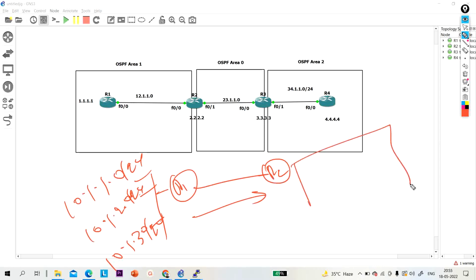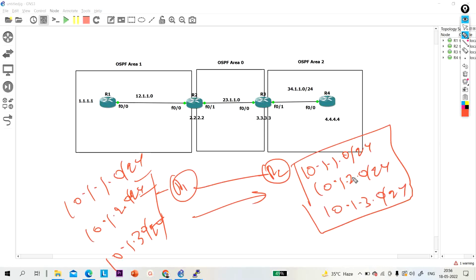R2 will store these networks in the topology table and routing table as well. So in the topology table and routing table there will be three networks: 10.1.1.0/24, 10.1.2.0/24 and 10.1.3.0/24.